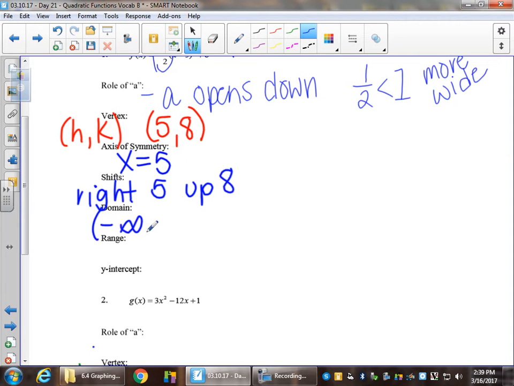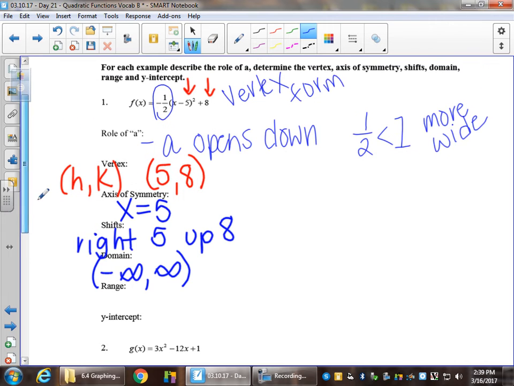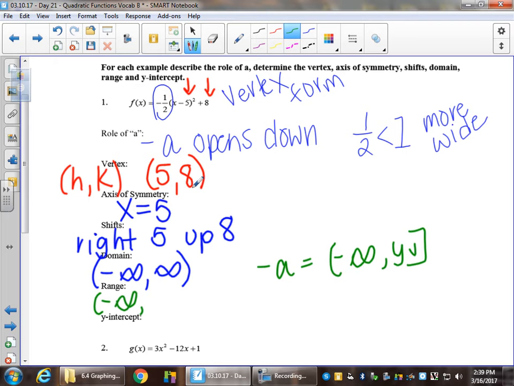Our domain is always all real numbers or negative infinity, infinity. Our range, when we have a negative a, is going to be in the form negative infinity, our y value of our vertex. So because our a is negative, negative infinity, our y value of our vertex is 8, that's our range.